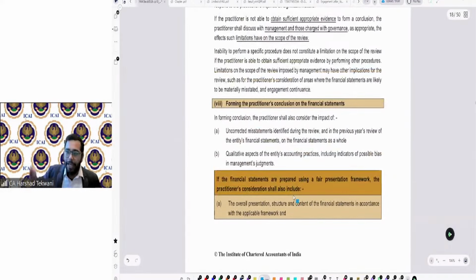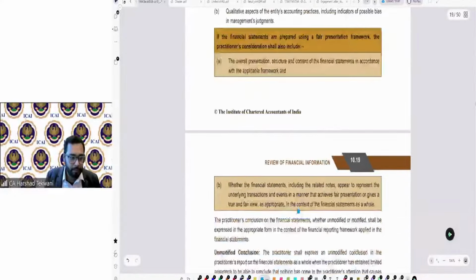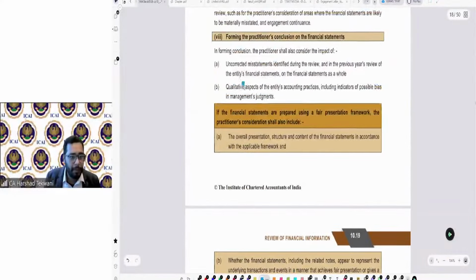When you are forming your conclusion, I'm deciding what conclusion I have to give: adverse opinion, qualified opinion, or unmodified opinion. In order to decide whether I should give an unmodified opinion or not, there are a few points that I need to consider. These are the points specified. The overall presentation, structure and content of the financial statements should be in accordance with the applicable financial reporting framework.